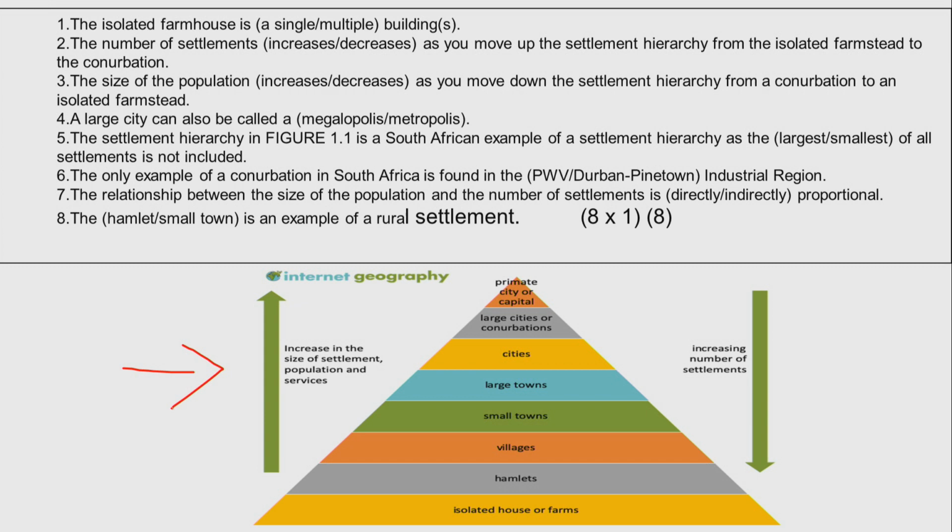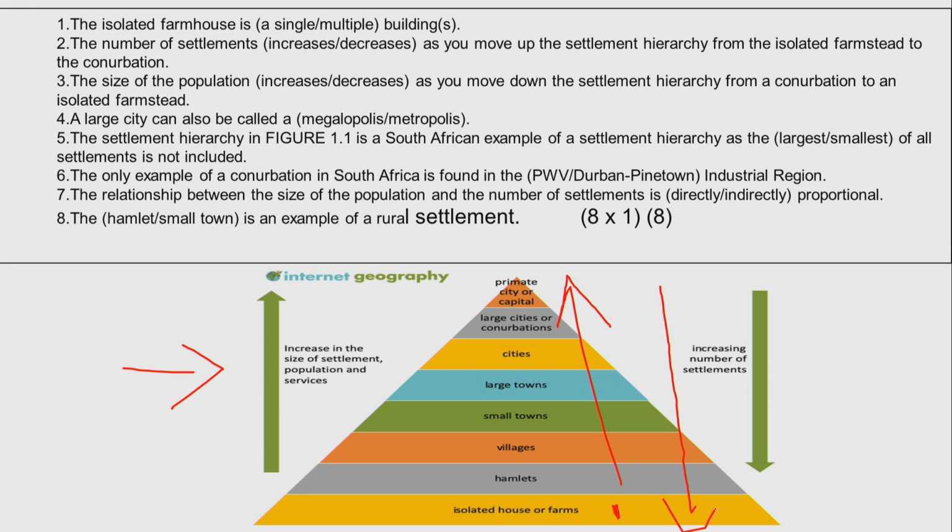It starts off here at the bottom with a 1, and it talks about an isolated settlement or a farm, and then it goes right up to the top and talks about a primate city or a capital. If you read what the arrow says on the side here, increase in the size. So if you go from the top to the bottom, they get bigger. And here, if you go from that side to the bottom, it says the increasing number of settlements.